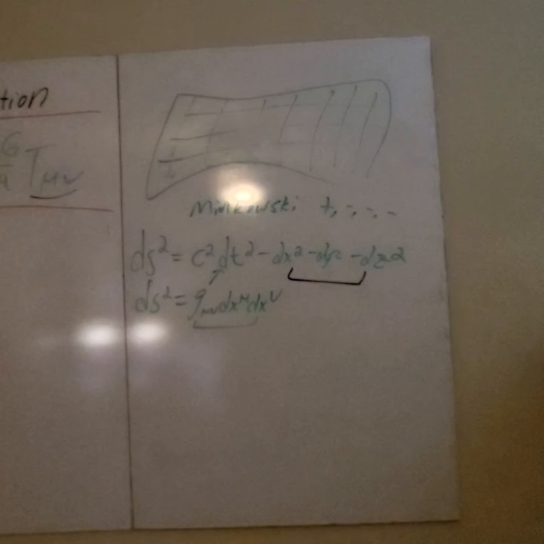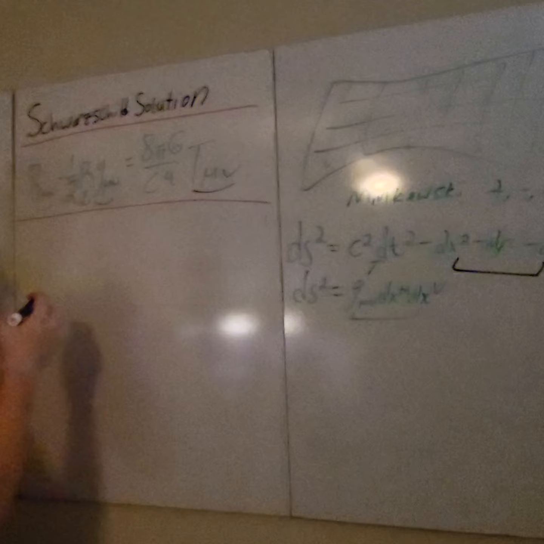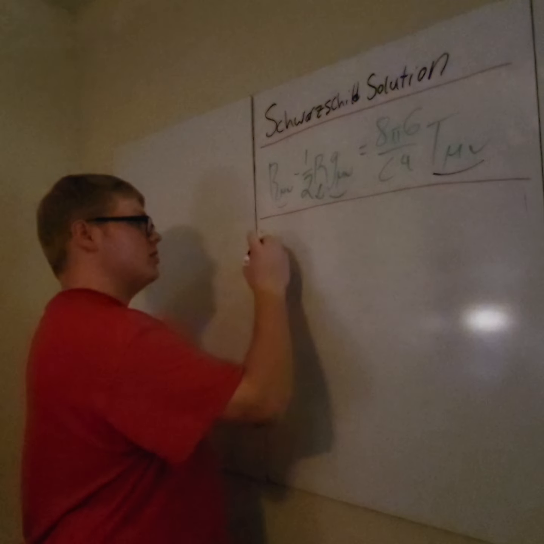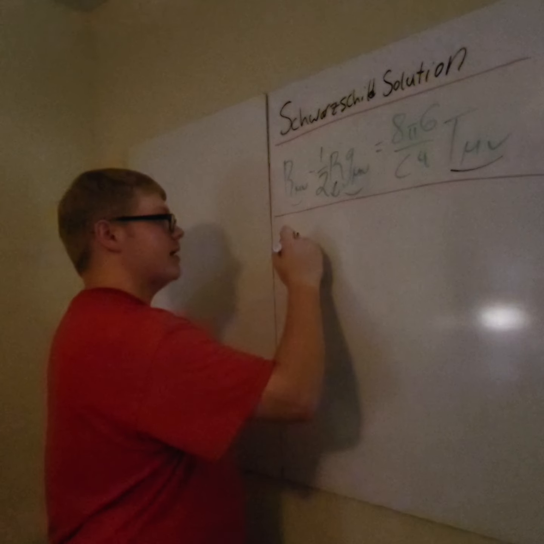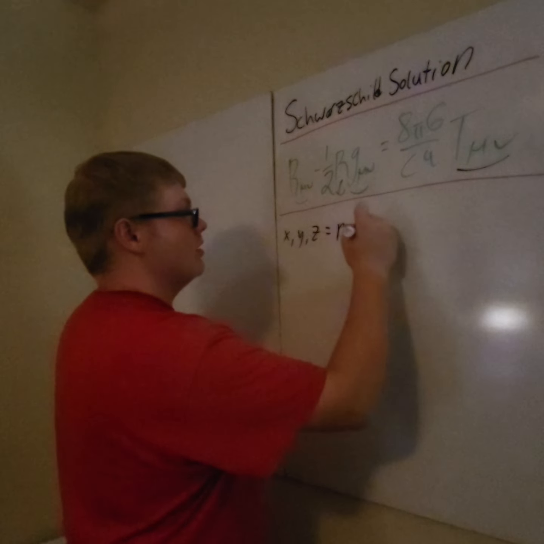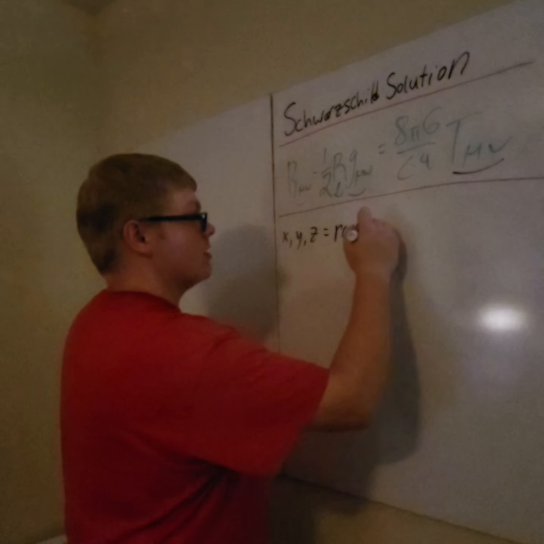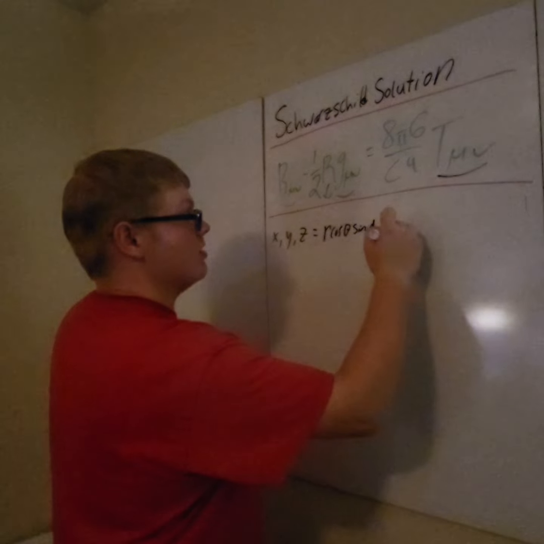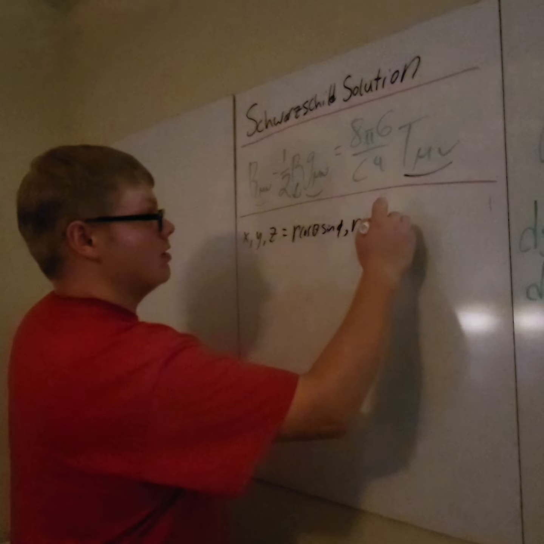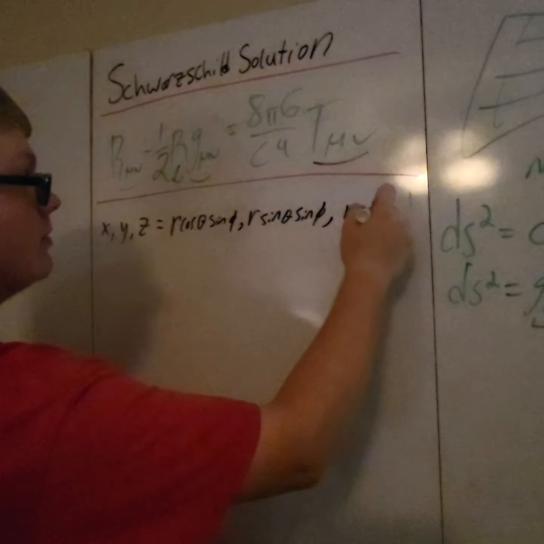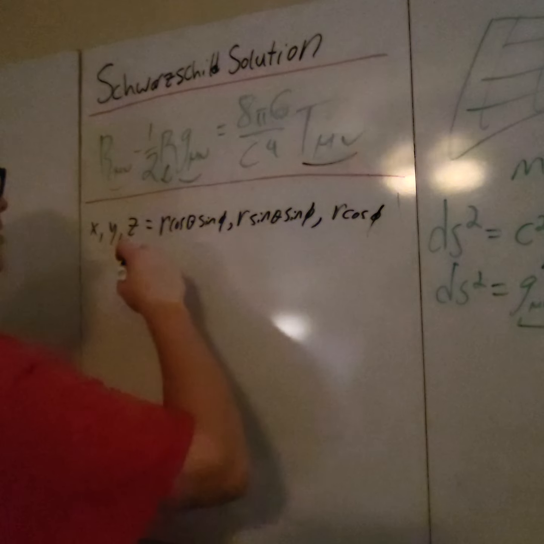So when you parameterize spherical coordinates, you have x, y, z equals r cosine theta sine phi, r sine theta sine phi, and r cosine of phi.